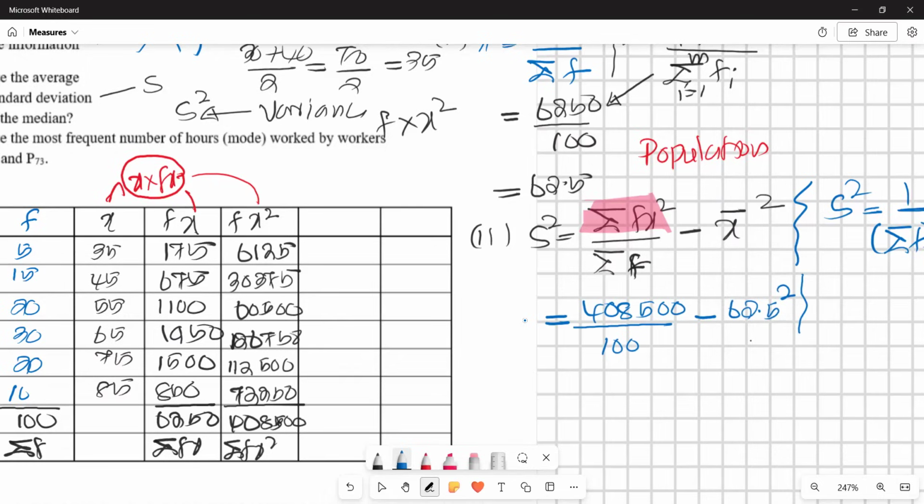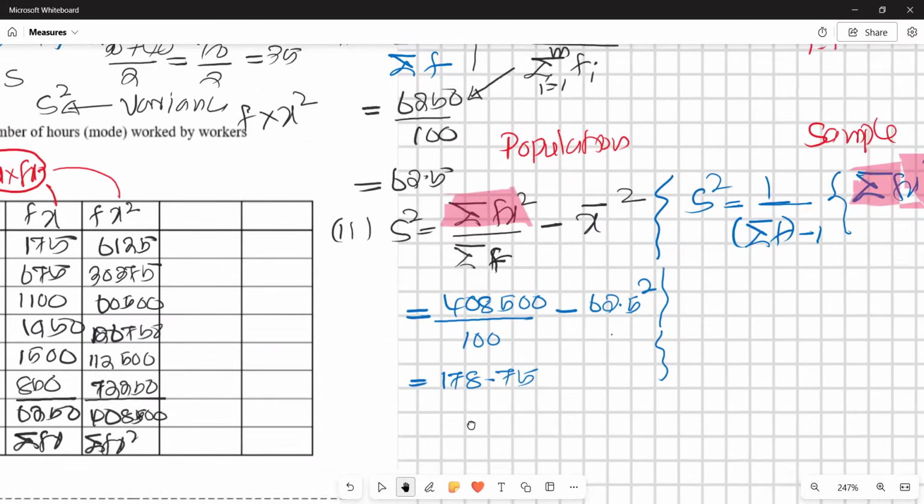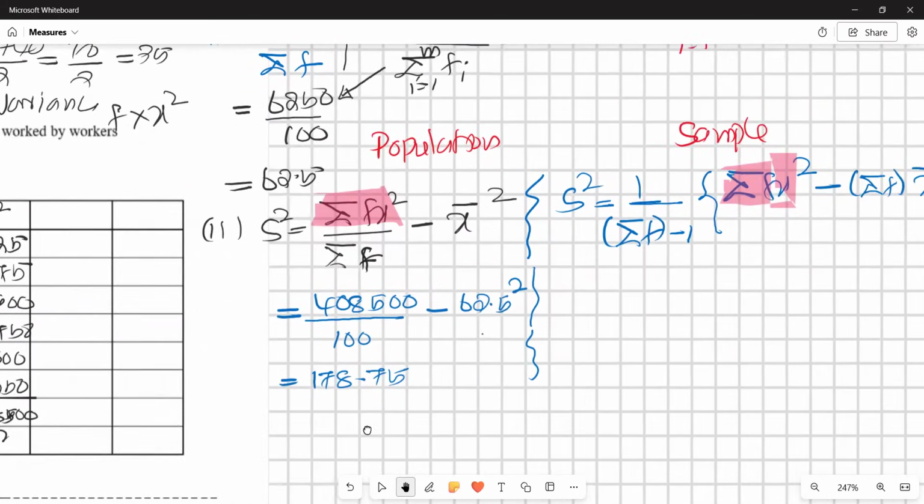Right, using the calculator, we get the answer as 178.75. If you feel it is difficult, you can divide this by 100 to the power 2 and get the difference. But those who study the formula like this for the sample, you also have to get it like this.